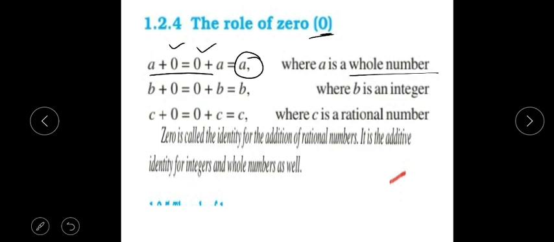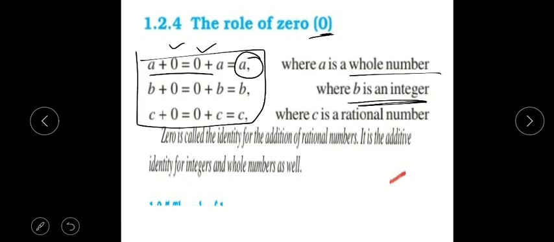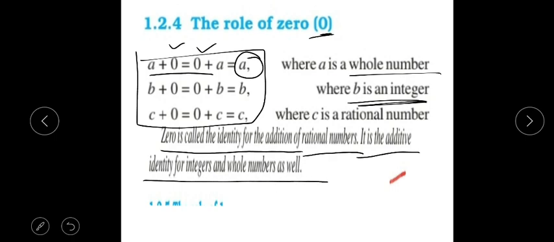If a is a whole number or an integer or a rational number, the result always remains unaffected by the addition of 0 from either side. So 0 is called the identity of addition of rational numbers. It is the additive identity of integers and whole numbers as well.